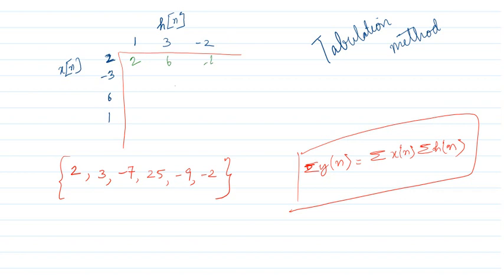Then the next row: minus 3 into 1, minus 3 into 3, minus 3 into minus 2. Then 1 into 6, 3 into 6, 6 into minus 2, it is minus 12. Then 1 into 1, 1 into 3, 1 into minus 2. I am putting x vertically and h horizontally; I can also swap them because order is not important, because of the commutative property.